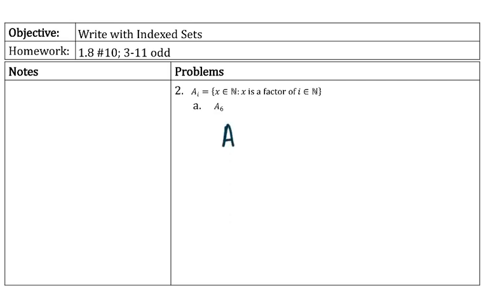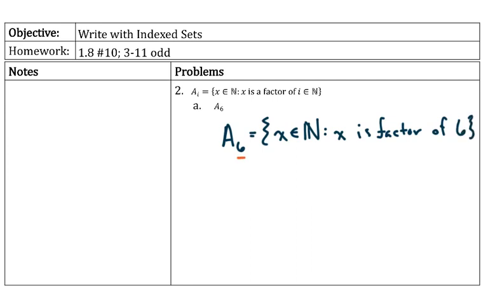So if I have the set, in this case A6, that means it's built of the natural numbers where x is a factor of i, which in this case i is 6, so x is a factor of 6. And this is just going to require a little bit of memory from back in the lower school and elementary school. The factors of 6: 1, 2, 3, and 6. So that would be the set A sub 6.